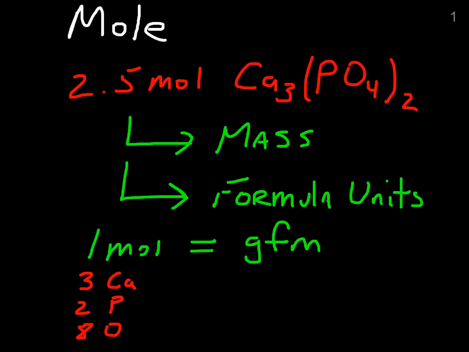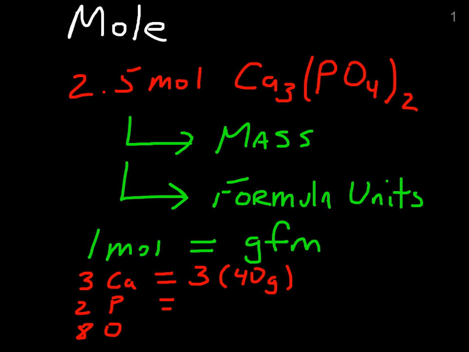All right? So I go to the periodic table, and I see that 1 calcium atom weighs 40 atomic mass units. So it's going to be 3 times 40, and since I'm calculating gram formula mass, that's grams.